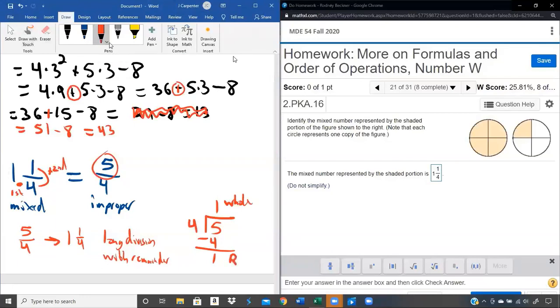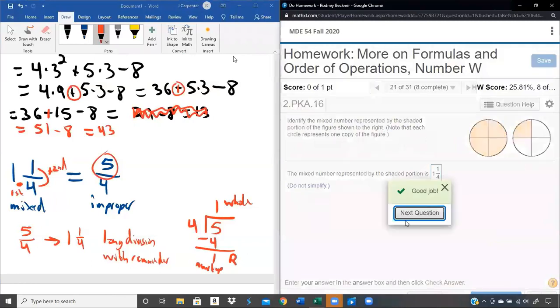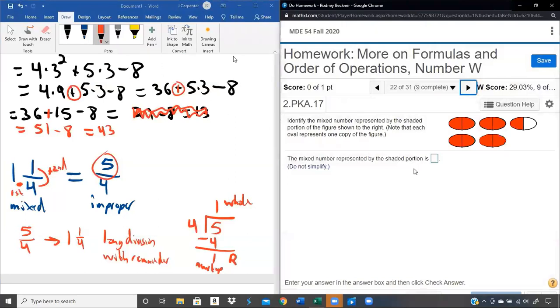All right, that wasn't the point of this problem, but I wanted to make sure that was addressed.